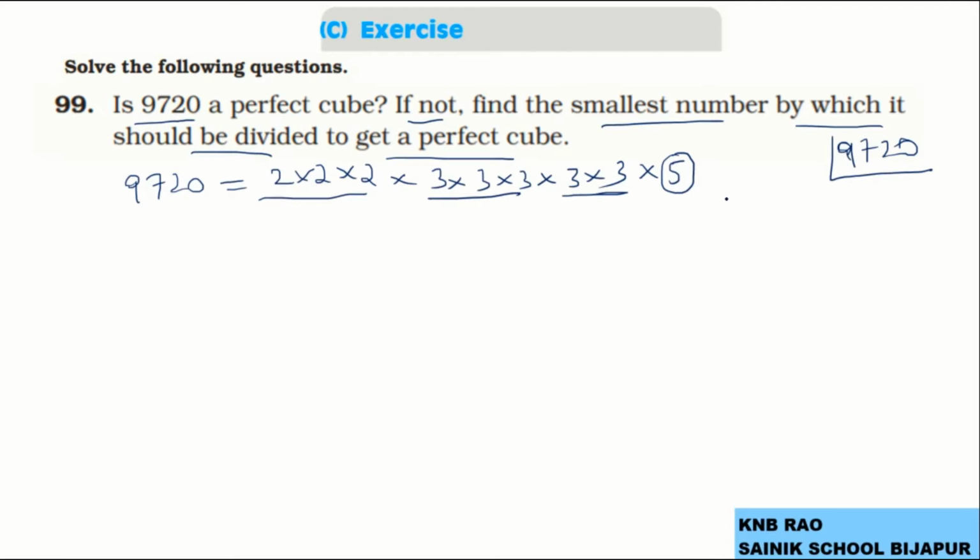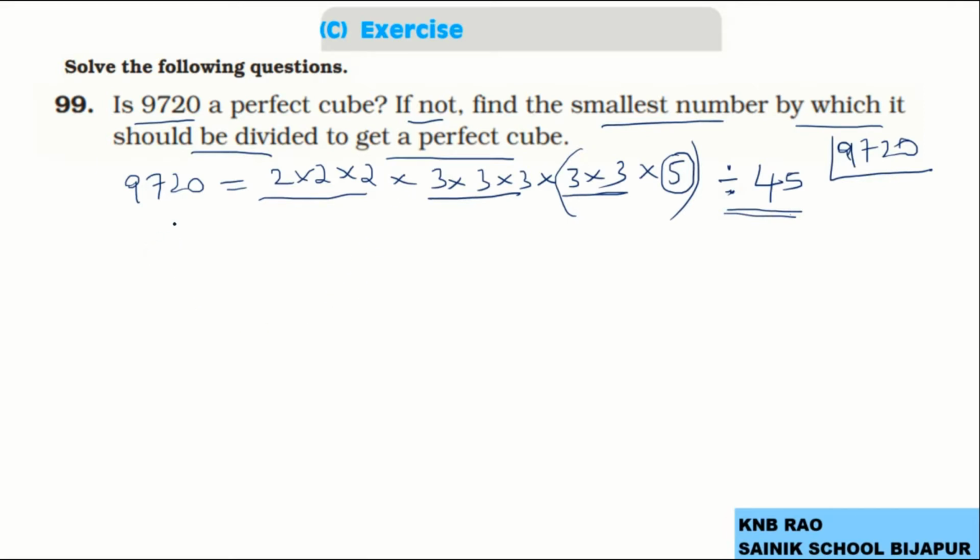So either we have to multiply by 3 into 5 into 5, or we have to divide by these extra fellows. What is their product? 3 5s are 15... 3 3s are 9, 9 5s are 45. So if I divide 9720 by 45, we get a perfect cube.